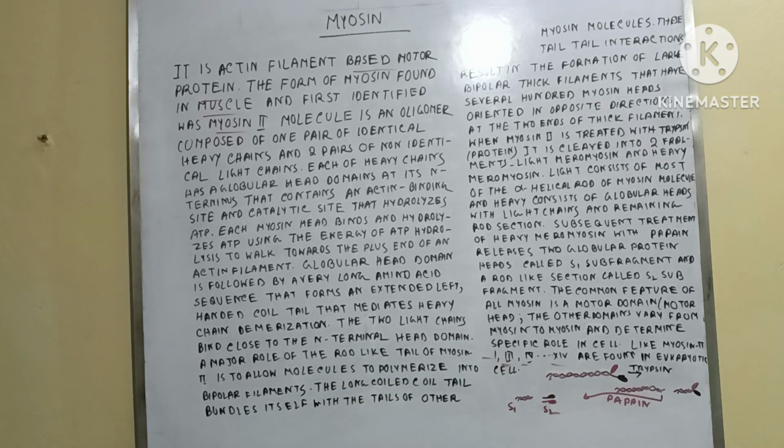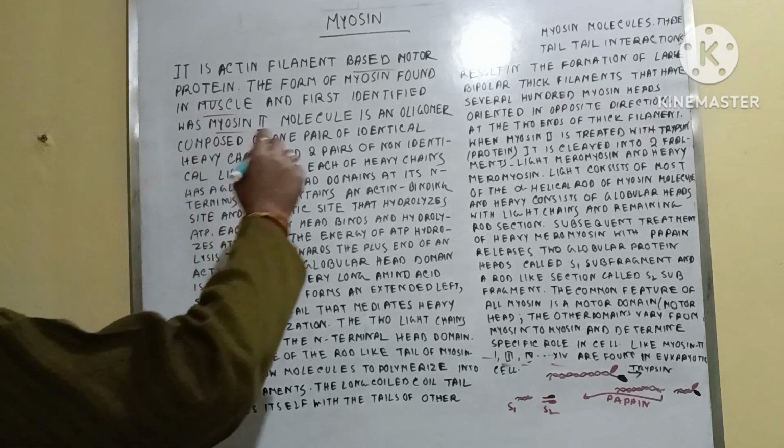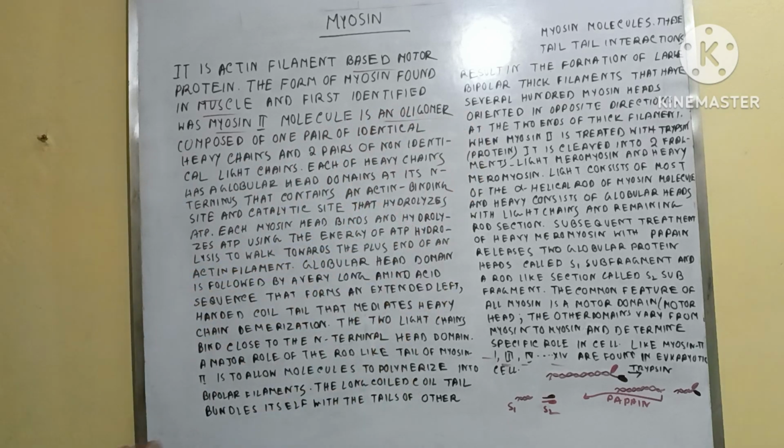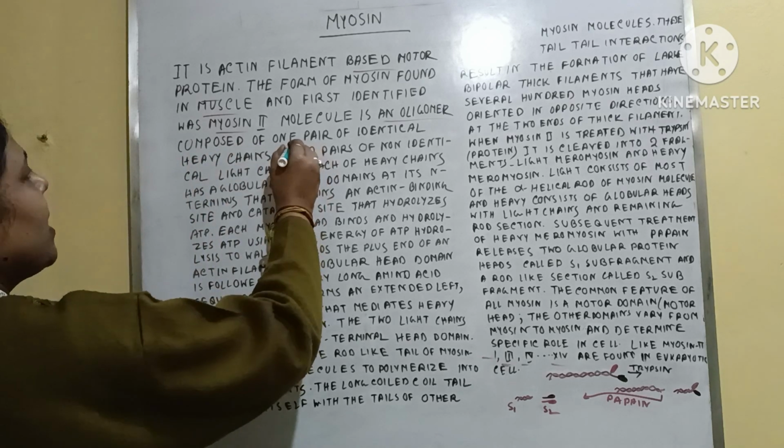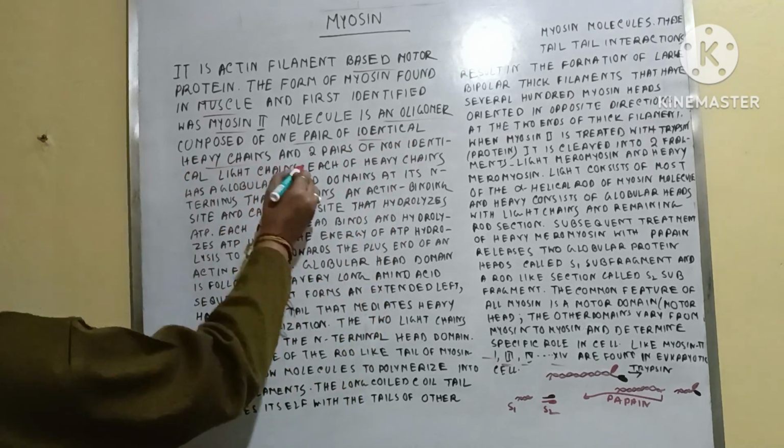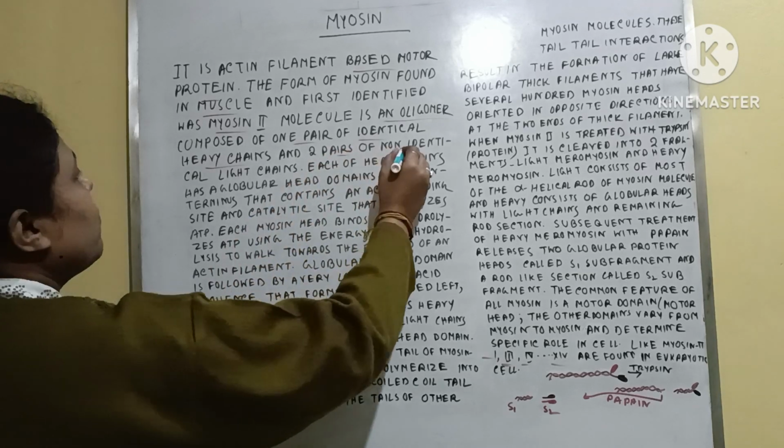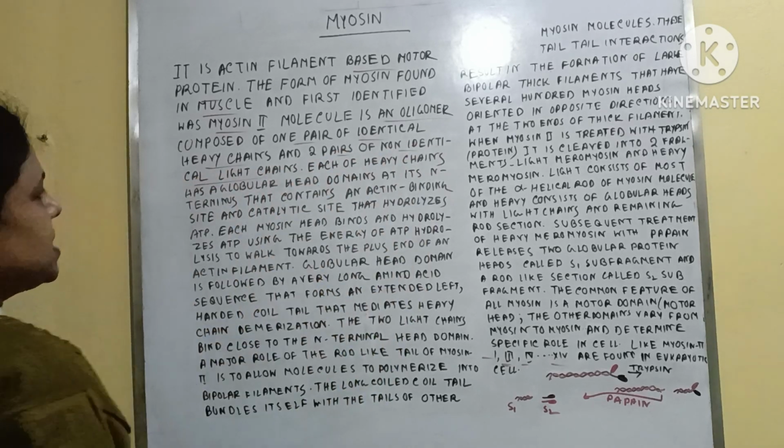This myosin 2 molecule is an oligomer, composed of one pair of identical heavy chains and two pairs of non-identical light chains.